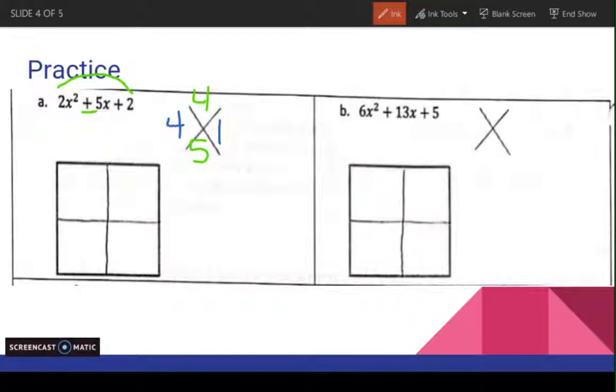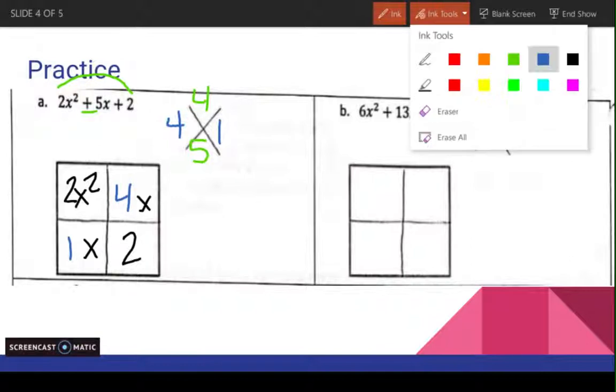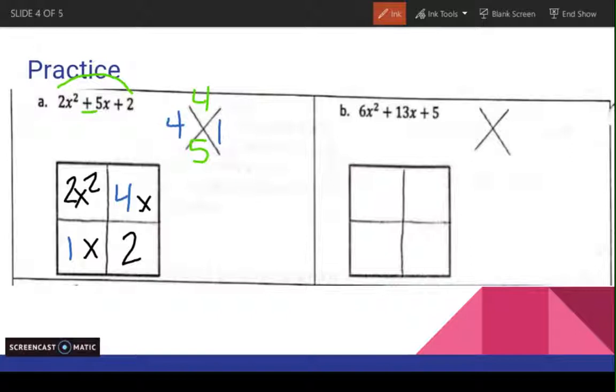Next up, fill in the reverse box. The first term, 2x squared, goes in the top left. The last term, 2, goes in the bottom right. We have our variable of x in the other two boxes with the answers to the X-puzzle, 4 and 1. It doesn't matter which box you put 4 and 1 in. They're interchangeable.